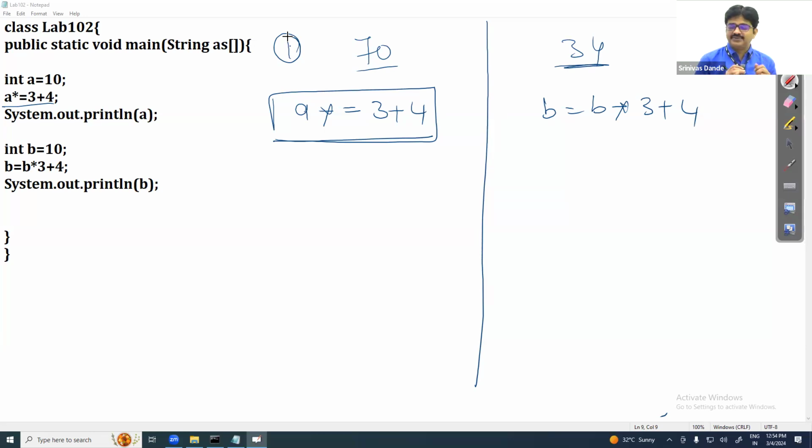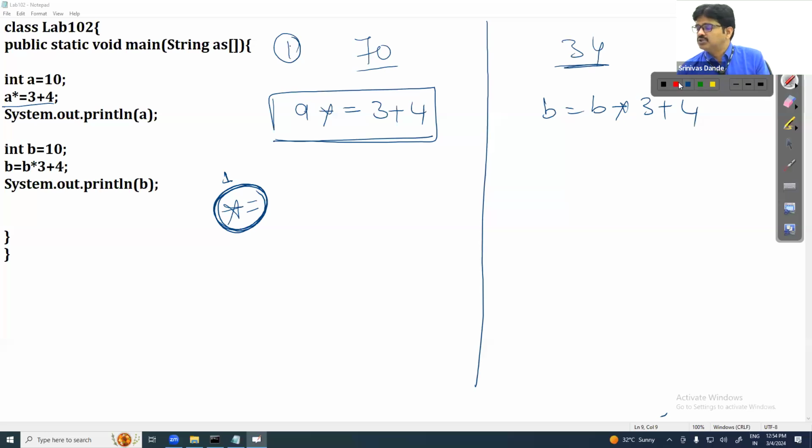Two only. I told you already, in compound assignment operators, star equals is a compound assignment operator. These two symbols in combination will be considered as a single operator. This is one, this is the other.